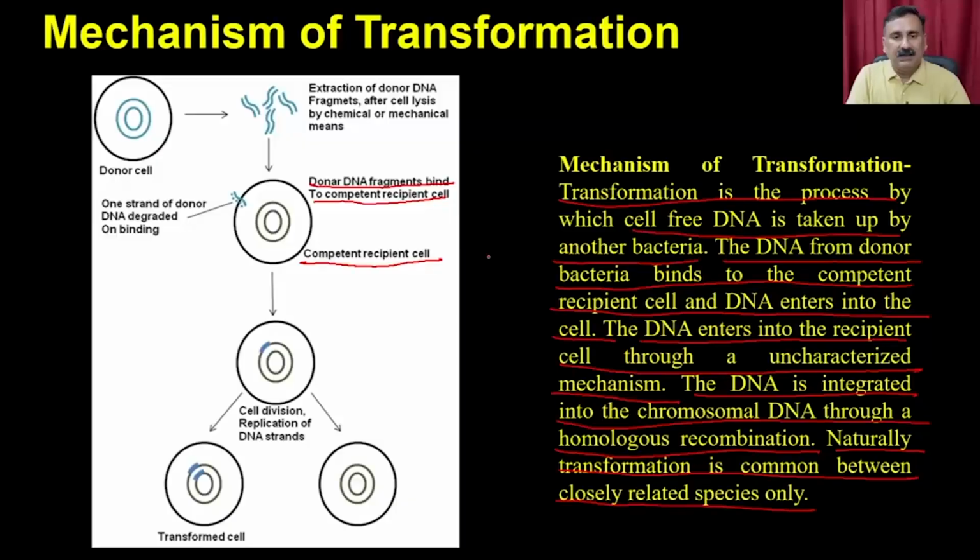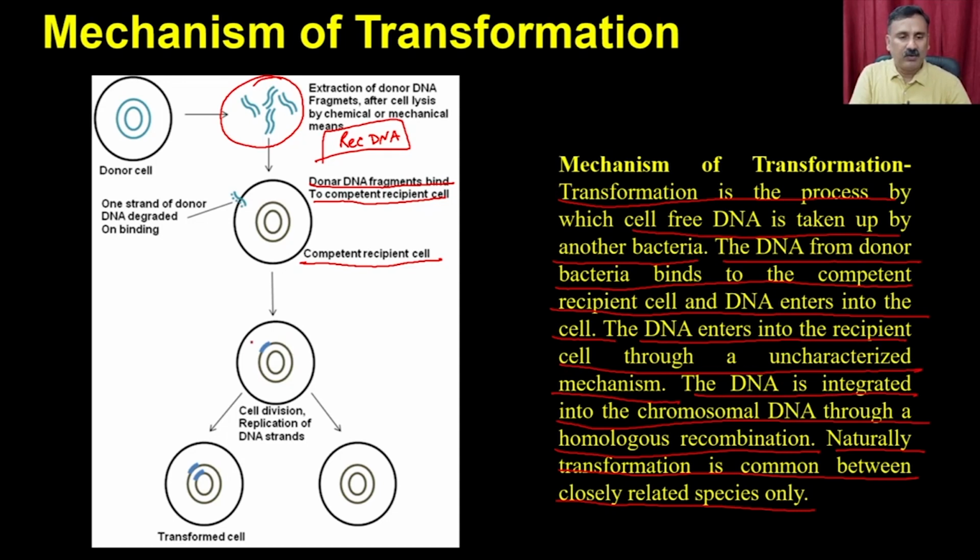But in the lab, what you are going to do is add extrachromosomal DNA, or add the recombinant clone, recombinant DNA, to the competent recipient cells. The DNA interacts with the competent recipient cells, and that's how it is taken up by the cell.